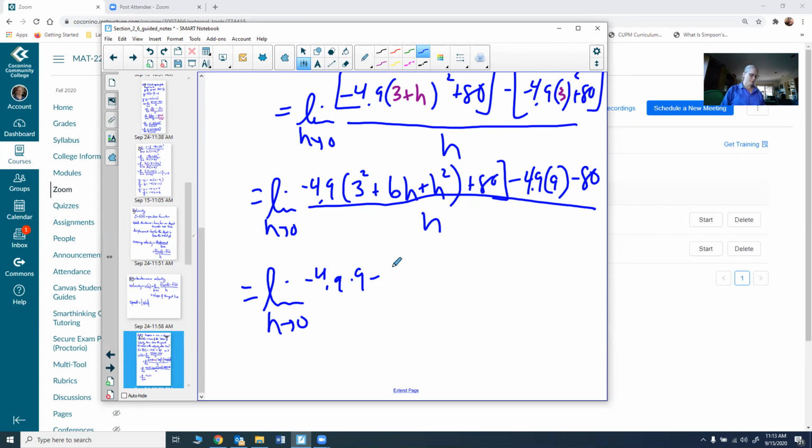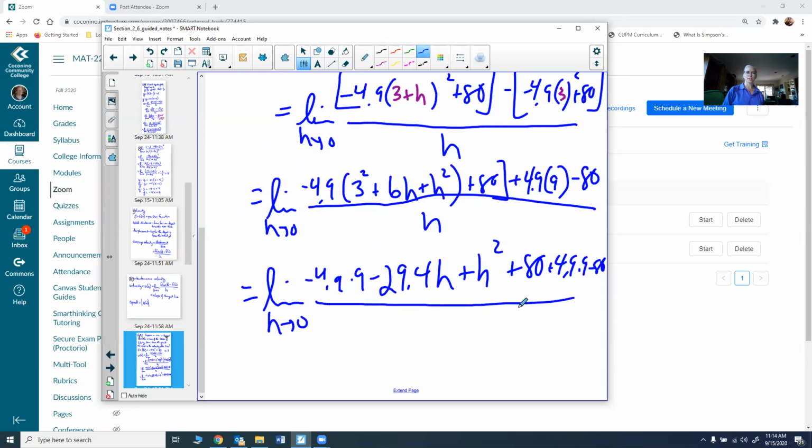So we're going to have to calculate that. 4.9 times 6 is 29.4. So we have negative 29.4 h plus h squared plus 80 plus 4.9 times 9 minus 80, all over h. That was a plus. Then you can cancel like terms. There's a 4.9 times 9, a positive and a negative, so those cancel. And there's a positive 80 and a minus 80, and those cancel.